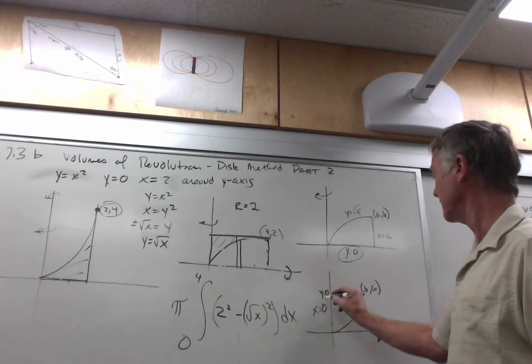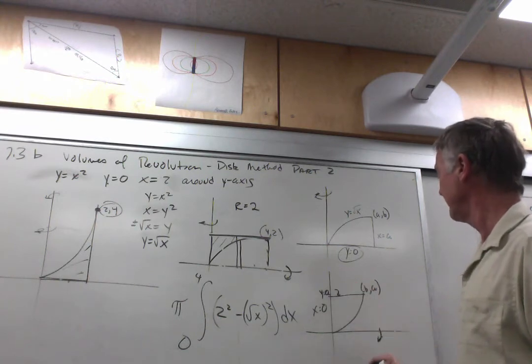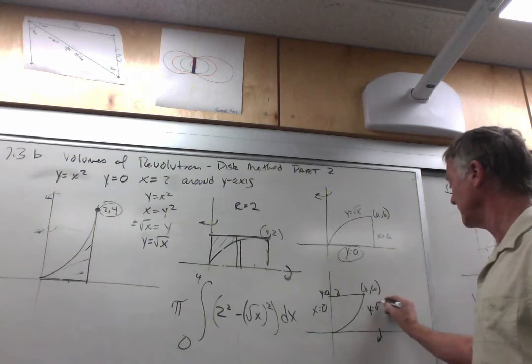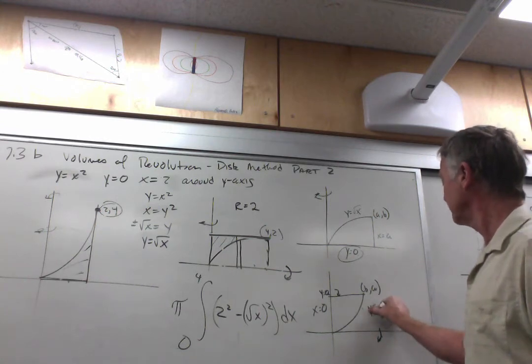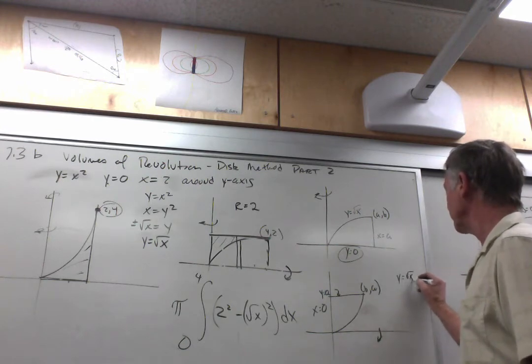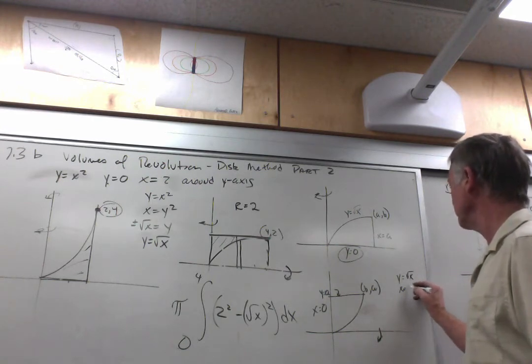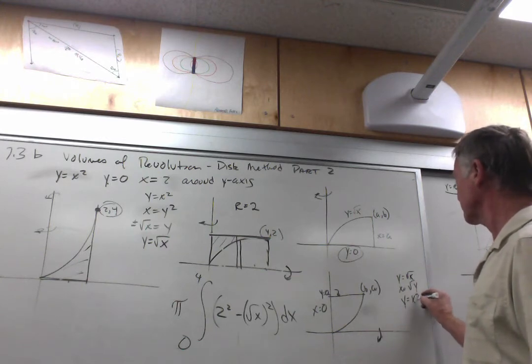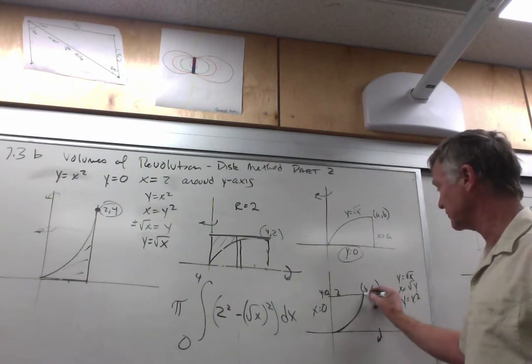This line right here, y is equal to a. And this we have to take, and I'm going to do it with the y is equal to square root of x. We're going to exchange the variables. X is equal to square root of y, or y is equal to x squared. And that would be then this right here.